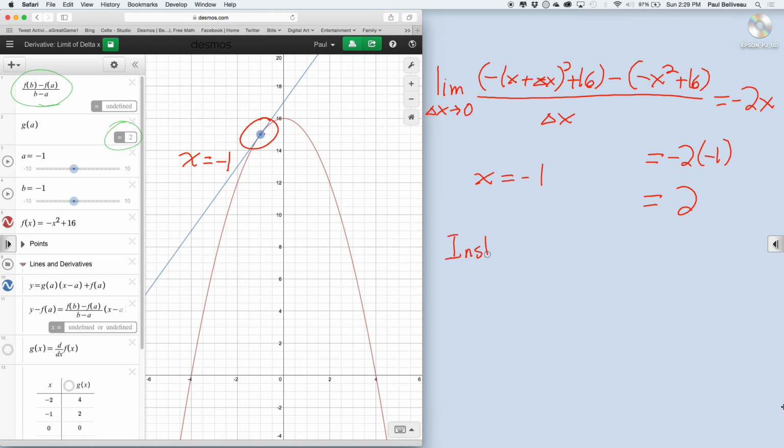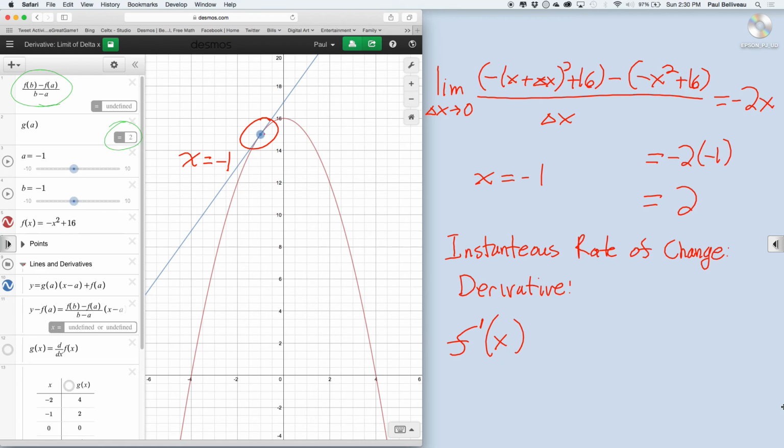Instantaneous rate of change, I said, was called the derivative. It has a notation. That notation is f prime of x. That's not a 1. It doesn't mean exponents. It has nothing to do with exponents.